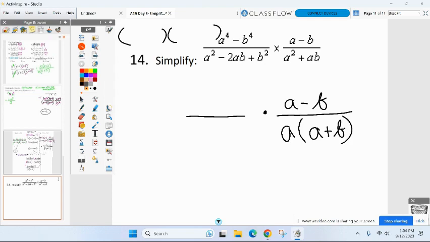All right, Marnie, back to you. I know they have opposite signs, so at least I can get started on the right foot. A to the 4th is going to change into what? A squared. Everyone's good? And what about b to the 4th? That'll change into what? B squared. Good. Now, I don't want to write this into my official work yet because look at these 2 now. Anything you notice?